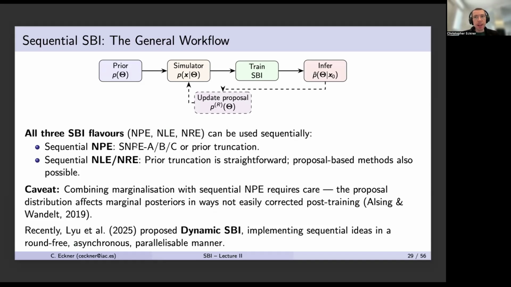Prior truncation can be done too, but this is typically not the best you can do for posterior estimation at least. If you have sequential runs for neural likelihood estimation and neural ratio estimation, then prior truncation is straightforward. And that's probably the best thing you can do there because it's easy to implement. While proposal-based methods do exist, this requires more care. Especially in neural ratio estimation, this becomes hard.